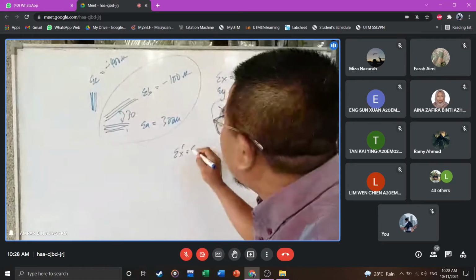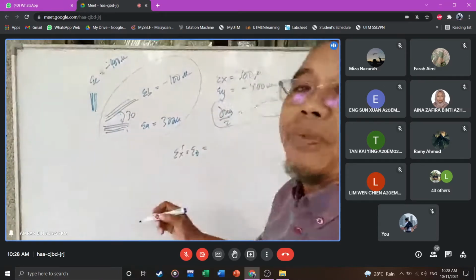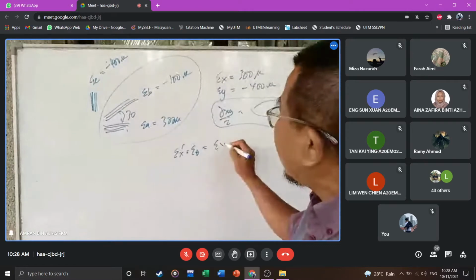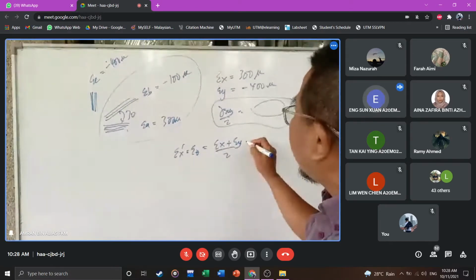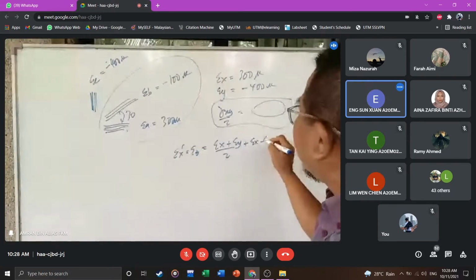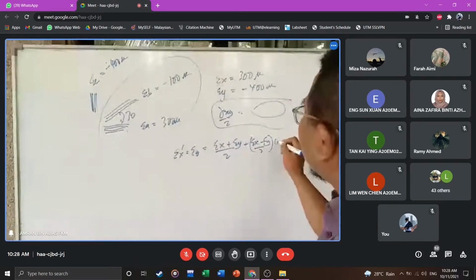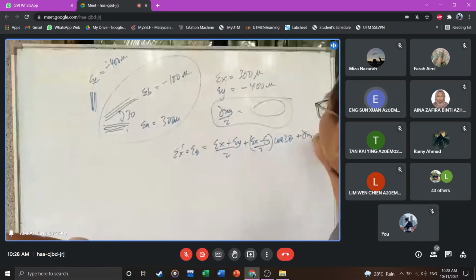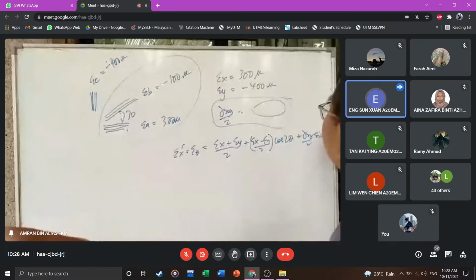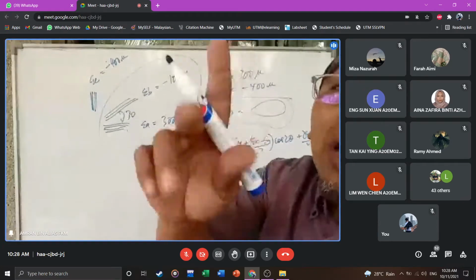E theta is equal to (EX plus EY) over 2, plus (EX minus EY) over 2 times cos 2 theta, plus gamma XY over 2 times sin 2 theta.